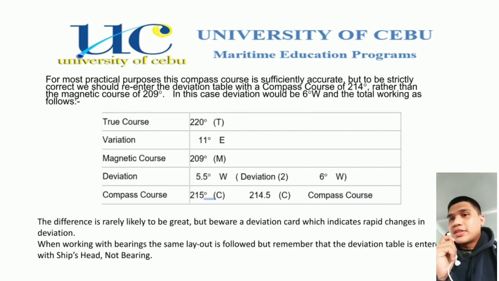The difference is rarely likely to be great, but be aware of a deviation card which indicates rapid changes in the deviation. When working with bearings, the same layout is followed, but remember that the deviation table is entered with ship's head, not bearing.